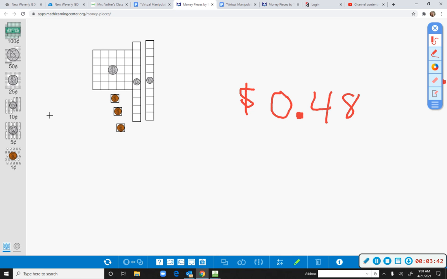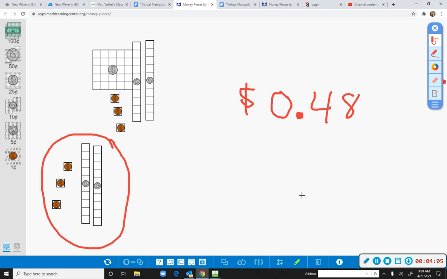And I'm going to add this amount. Okay, 2 dimes and 3 pennies.